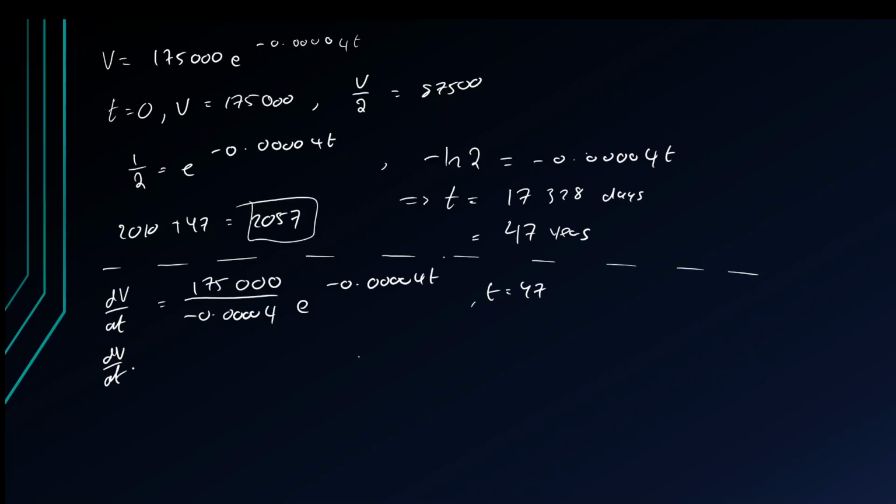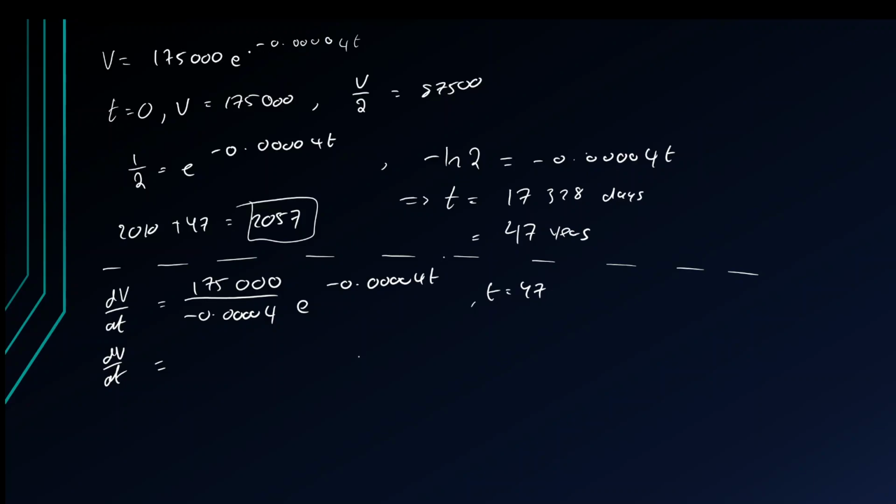So dV by dt at t equals 47 is that times e to the minus 0.12344 times 47. It does give us a negative answer, which is expected, but this is the rate of flow. At this point, the rate of flow is actually decreasing.